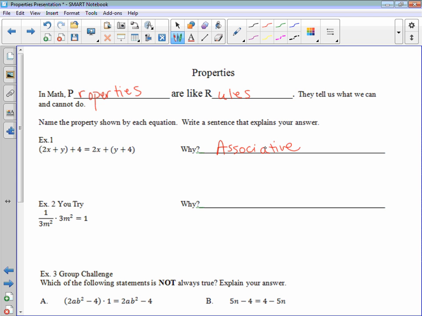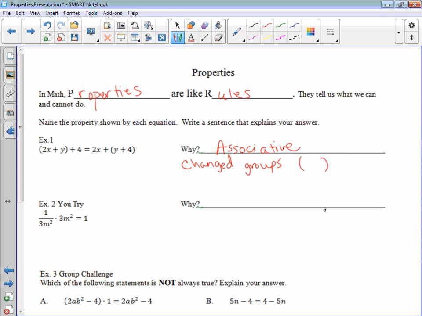And why is it the associative property? Because we switched the parentheses. So you could say change the parentheses, or you could say groups. That's probably better. Change the groups. And I'm just going to draw parentheses there. The associative property says you can change the groups. Okay?